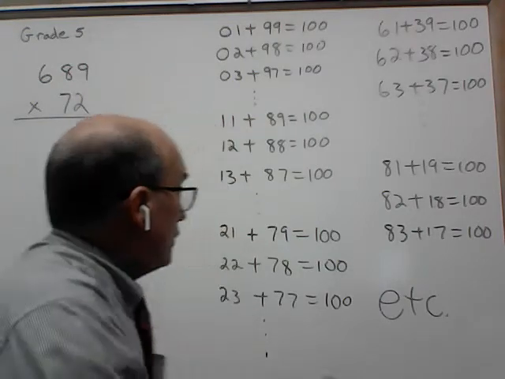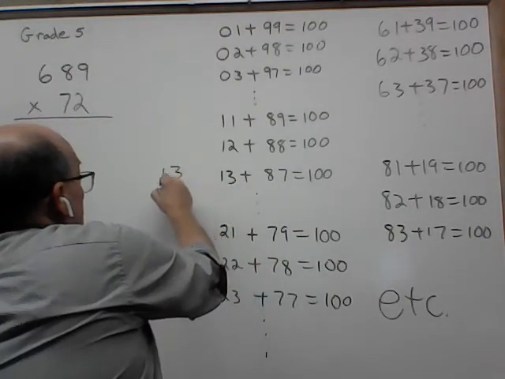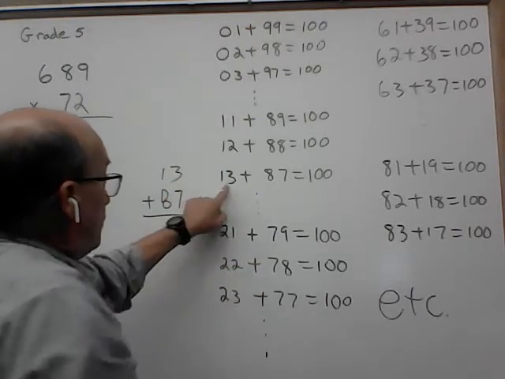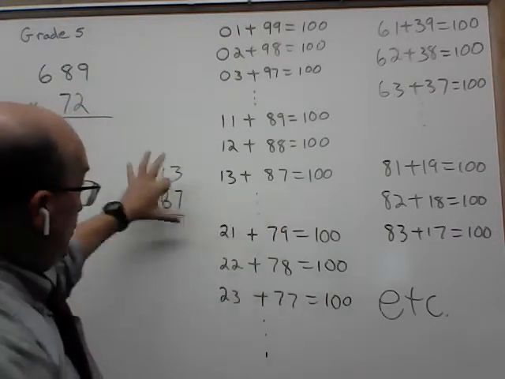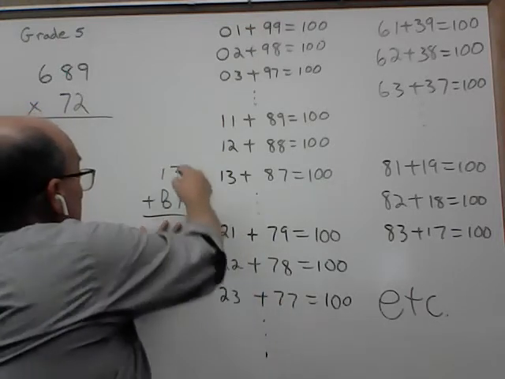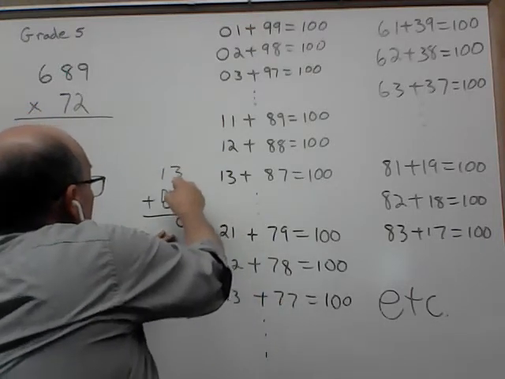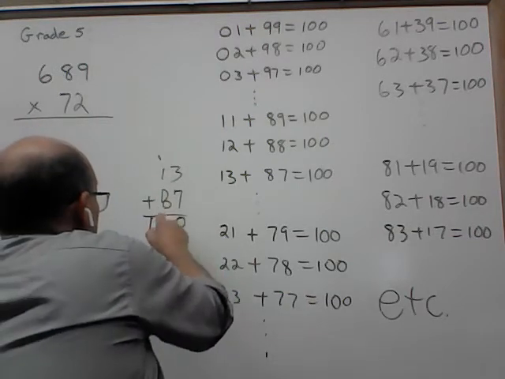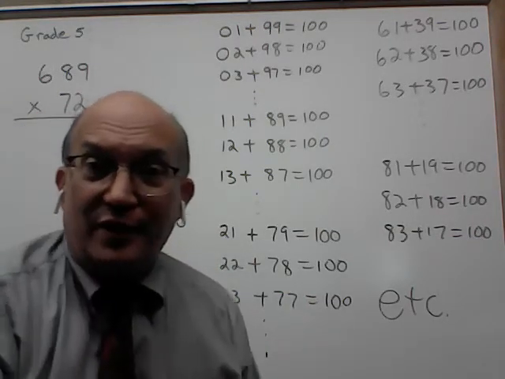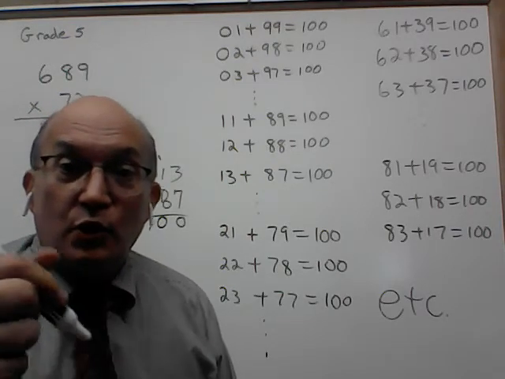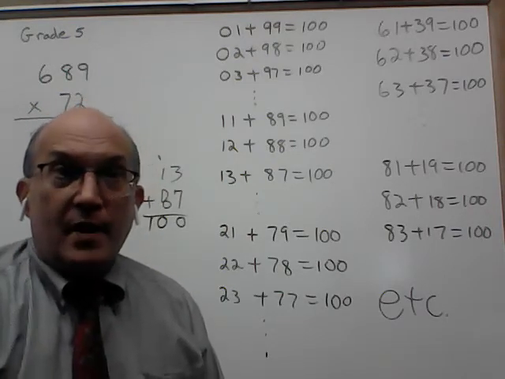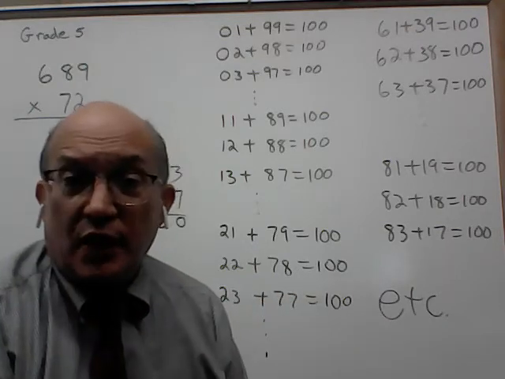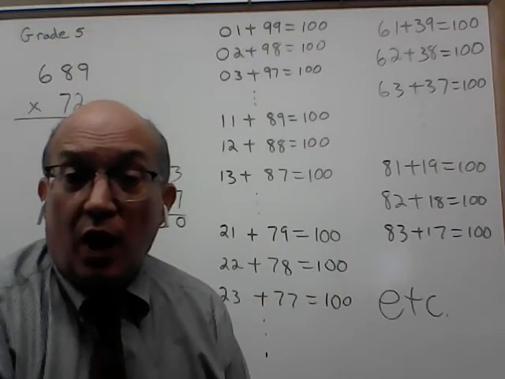In other words, it is true that you could take 13 plus 87 with the standard addition algorithm. 3 plus 7 is 10, put down the 0, carry the 1. 1 plus 8 is 10, and we get the 100. But you shouldn't have to do that. Are you memorizing that 13 plus 87 is 100? Well, I guess in one sense that you are.